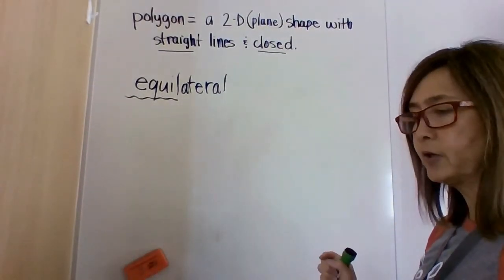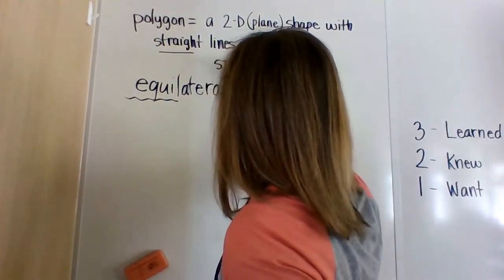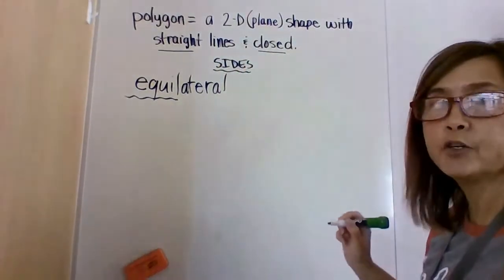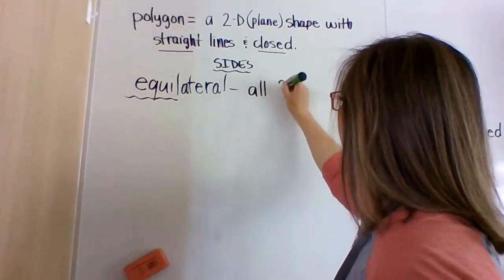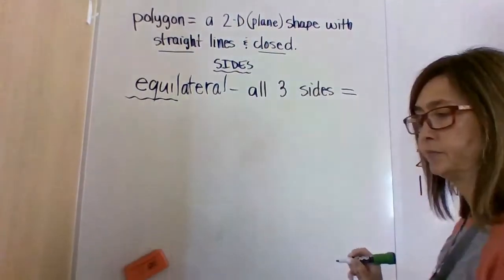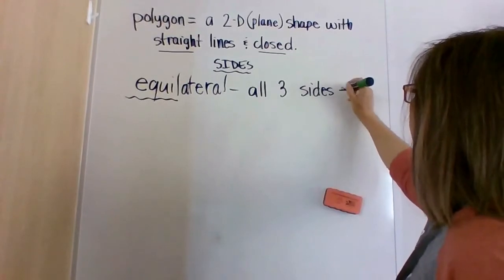An equilateral triangle, hopefully you recognize this portion of the word here as equal. According to its sides, so let me make sure we know we're classifying by sides. When we look at an equilateral triangle, all three sides are equal. I guess I better write out the word equal because I'll use that for parallel.